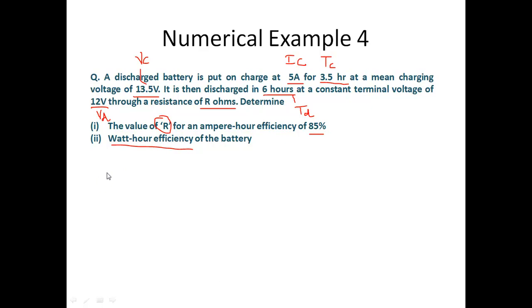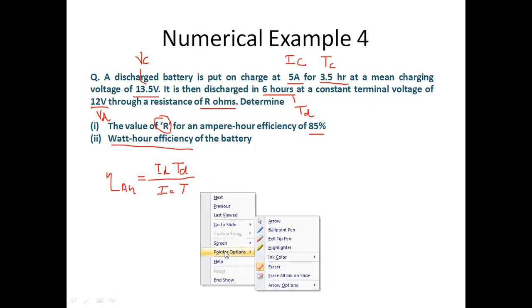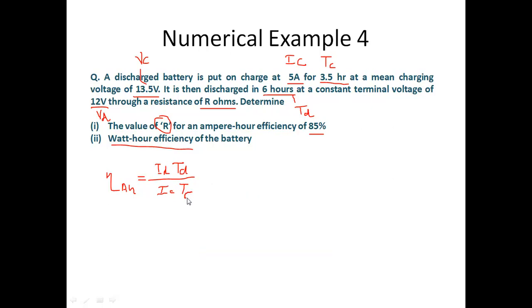Now we will use the expression. Ampere hour efficiency has been given as 85%. So ampere hour efficiency is ID into TD divided by IC into TC.